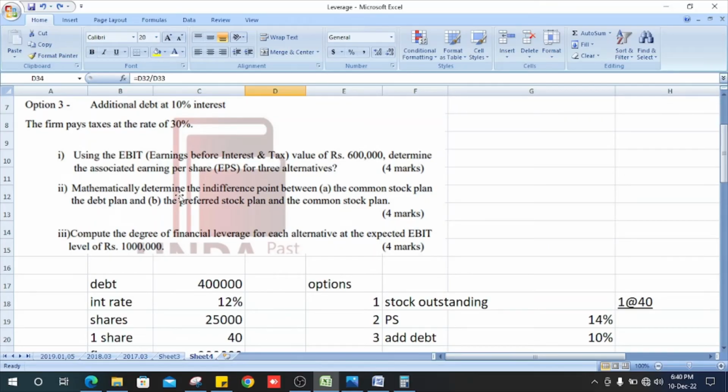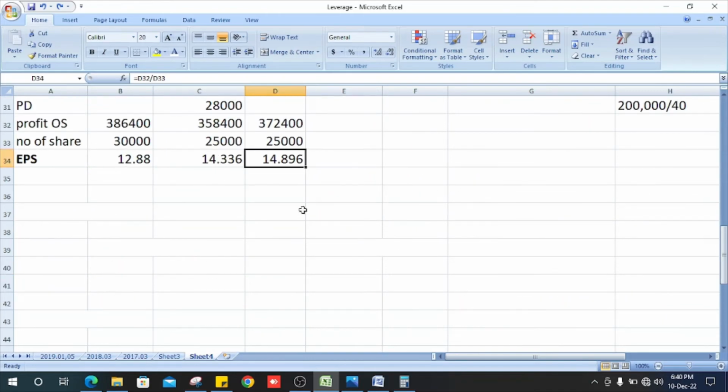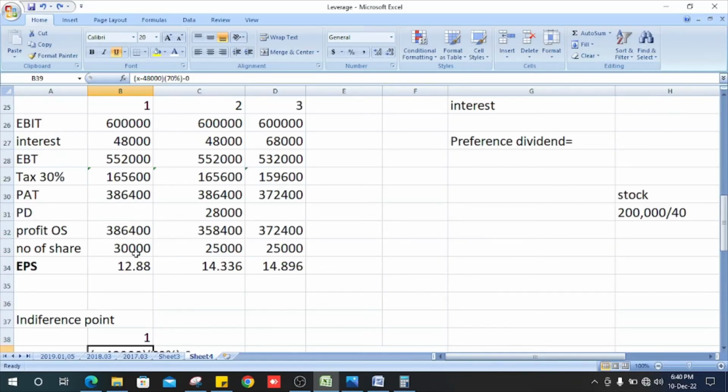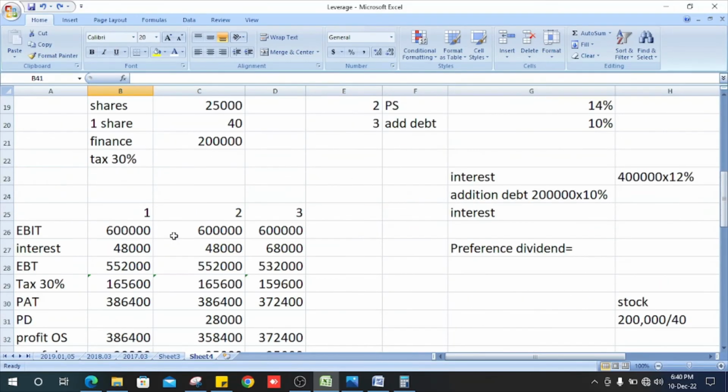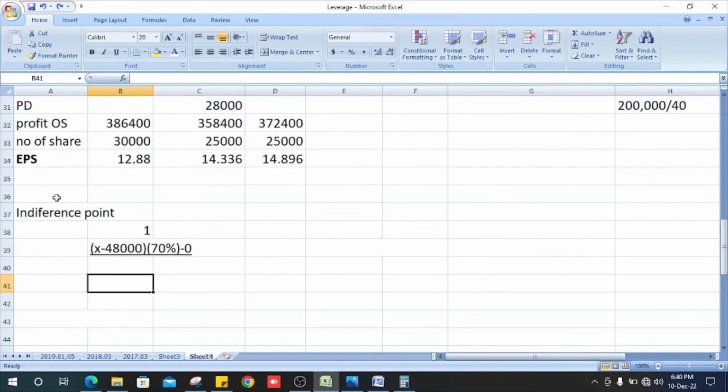So next they ask the indifference point. How do we get the indifference point? For option 1, (X minus 48,000) times 70%. How do we get the 48,000? It is the interest. The tax rate is 30%, so 100 minus 30% is 70%, divided by the number of shares, which is 30,000.